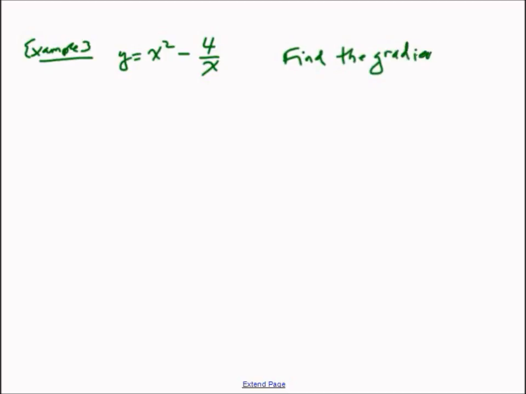Example 3. Y equals x squared, subtract 4 over x. Okay, this question is very, very important. It's actually saying find the gradient function.